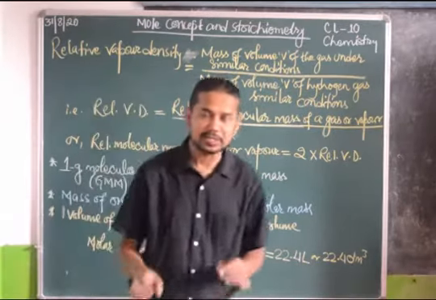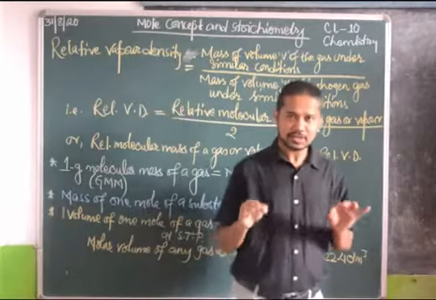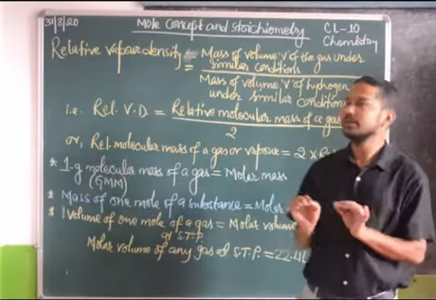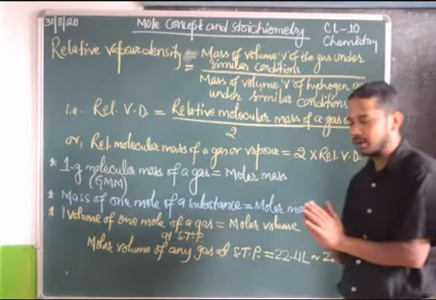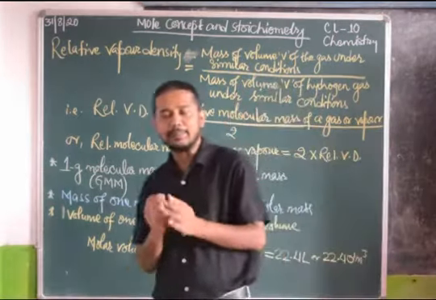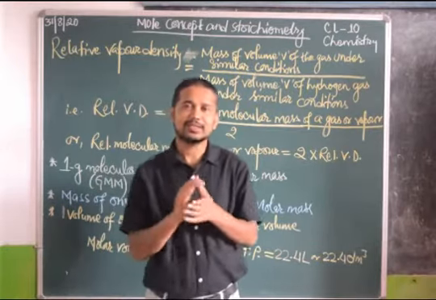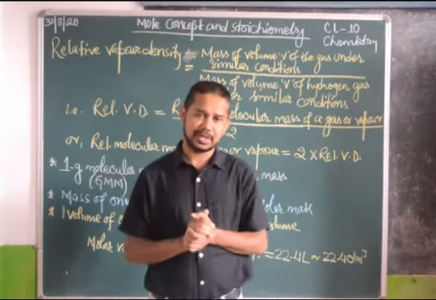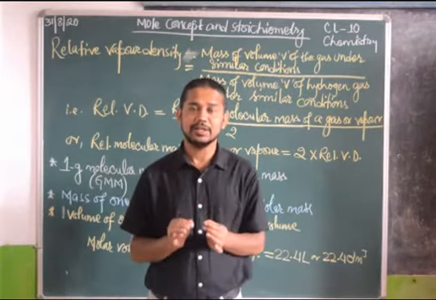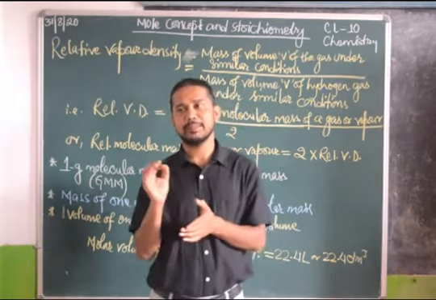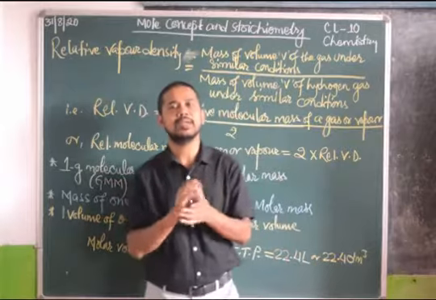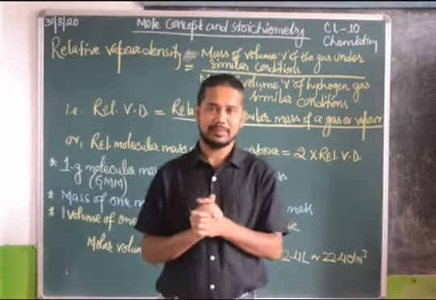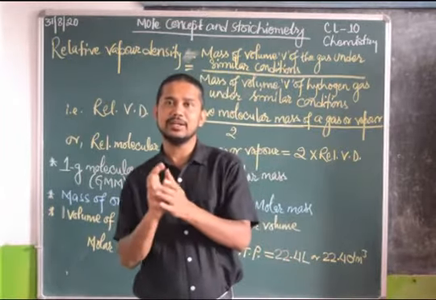So it is the ratio of the mass of volume of one gas to the mass of volume of hydrogen gas, provided the condition is the same, provided the temperature and pressure at which the volume is measured are the same.